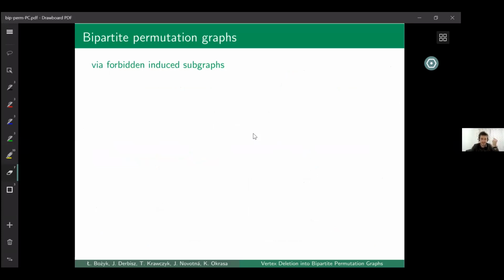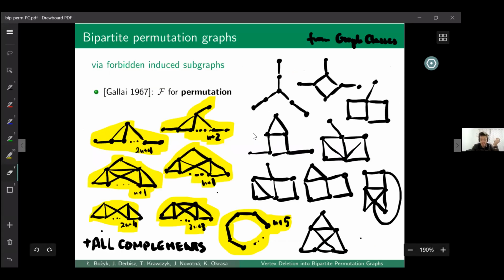So let's first ask ourselves, what are permutation graphs? In terms of minimal forbidden induced subgraphs, they are those: a list of about 9 small graphs on few vertices and 7 infinite families of graphs, which in particular contain all cycles of length at least 5.